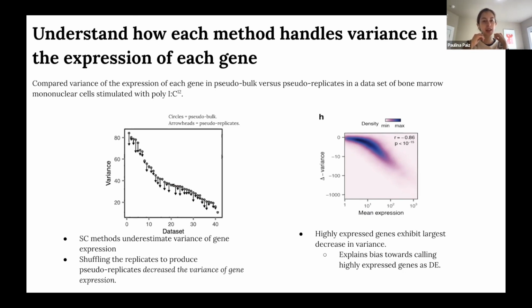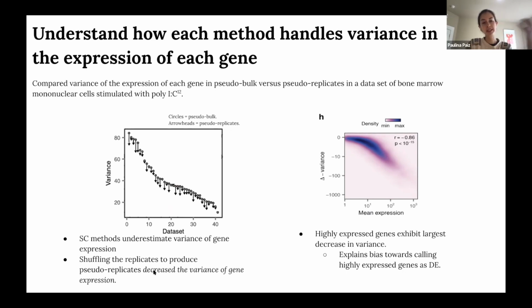So what they found, here on the left, is that single cell methods underestimate the variance of gene expression. Circles are the variances identified by pseudobulk methods, and arrowheads are the variances identified by pseudoreplicates. And you can see in each observation, the variance identified by pseudoreplicates is less than the one identified by pseudobulk methods.